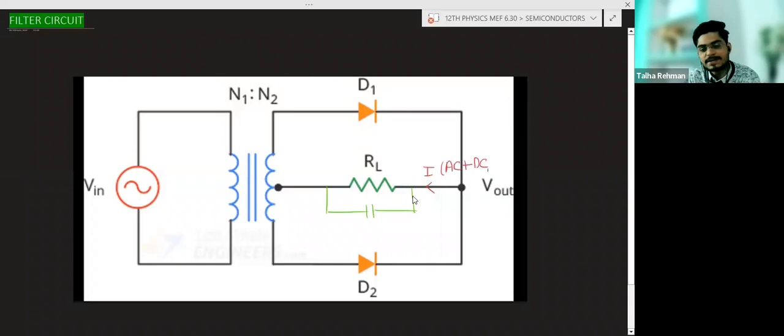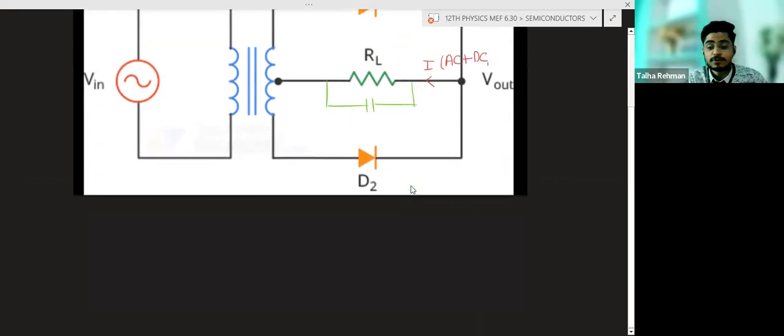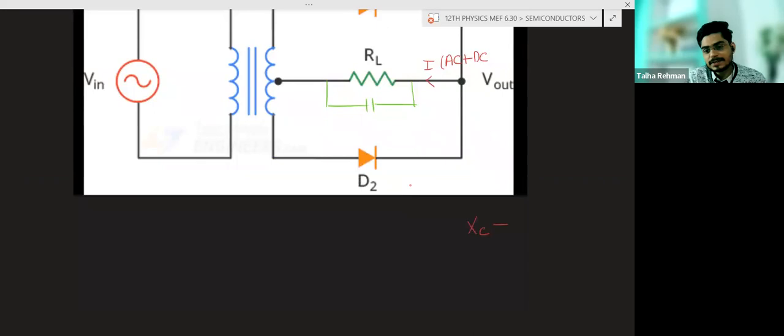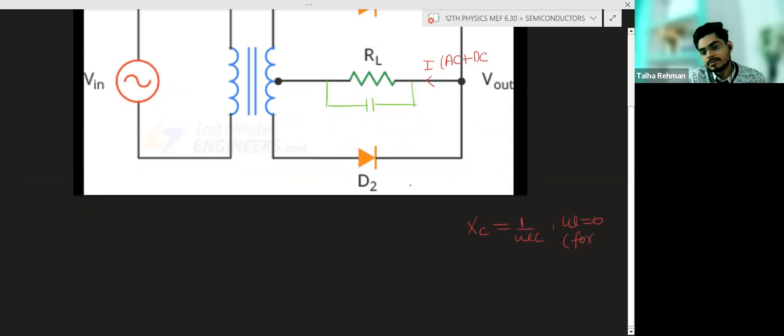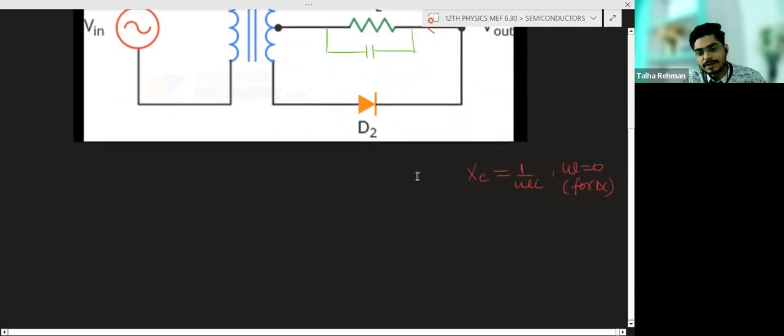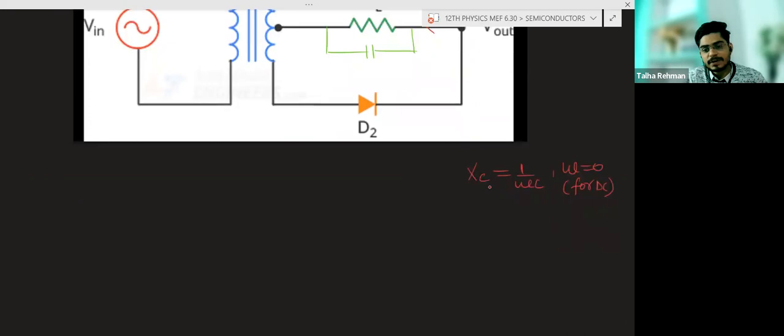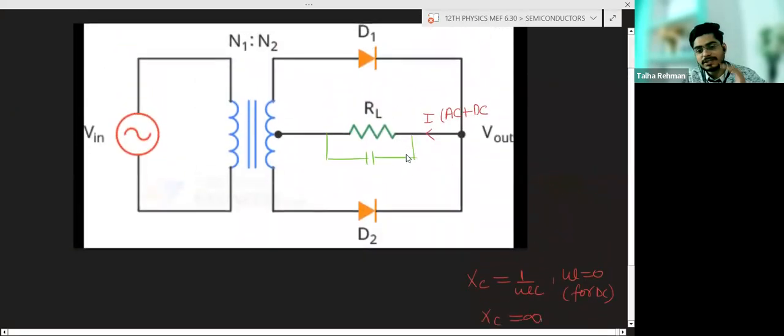Now in capacitor we know that the DC current cannot flow. Why? You can see XC is equal to 1 upon omega C. Omega is 0 for DC. So the capacitive reactance will become infinity, means infinite reactance will be there for DC. That is why DC cannot flow in capacitor.